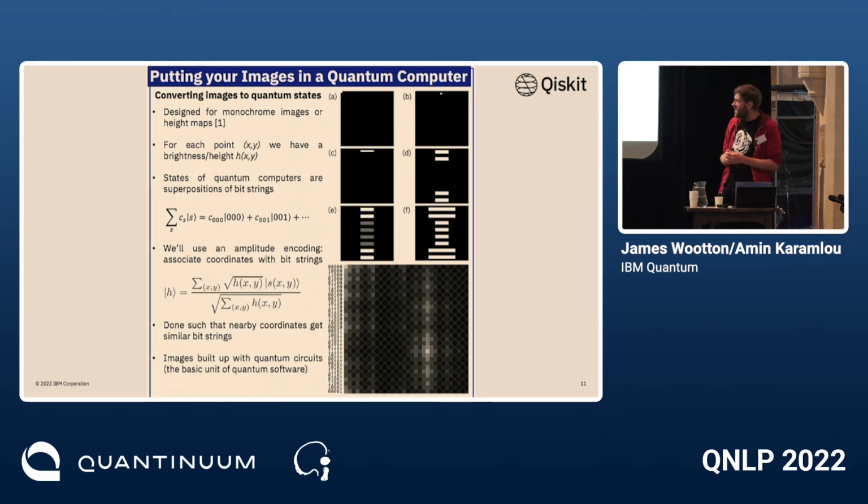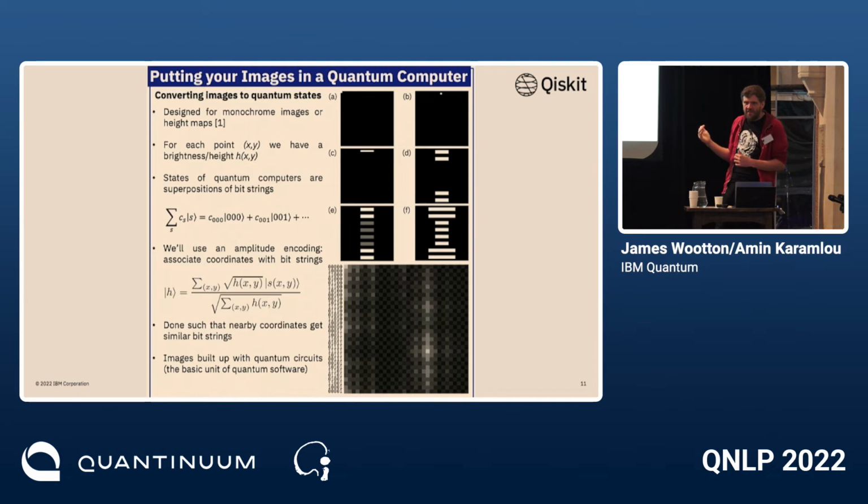So it's an amplitude encoding of the image. But the important thing is that you don't just take the coordinates and write them down in binary to get the bit string corresponding to each coordinate; you use a special encoding such that nearby pixels have nearby bit strings, so the Hamming distance is 1.